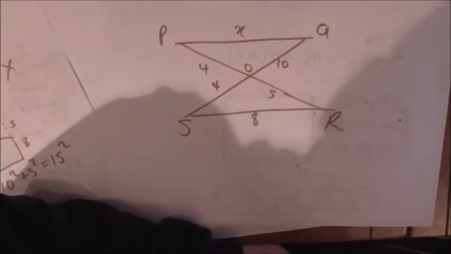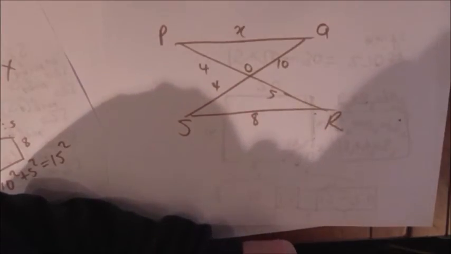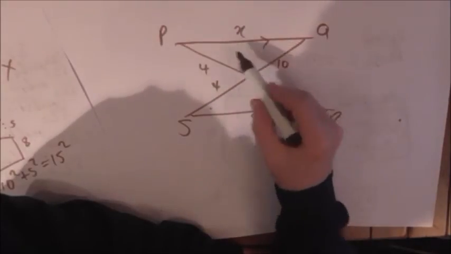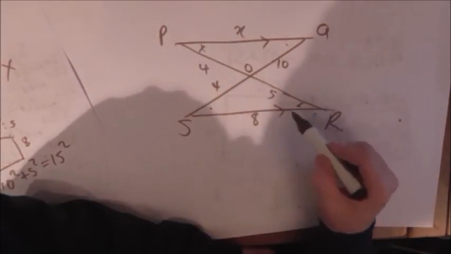It doesn't say that's parallel to that. These aren't similar. No reason to think these are similar triangles. If that had been parallel to that, then they would be, because that would be equal to that, and that would be equal to that.